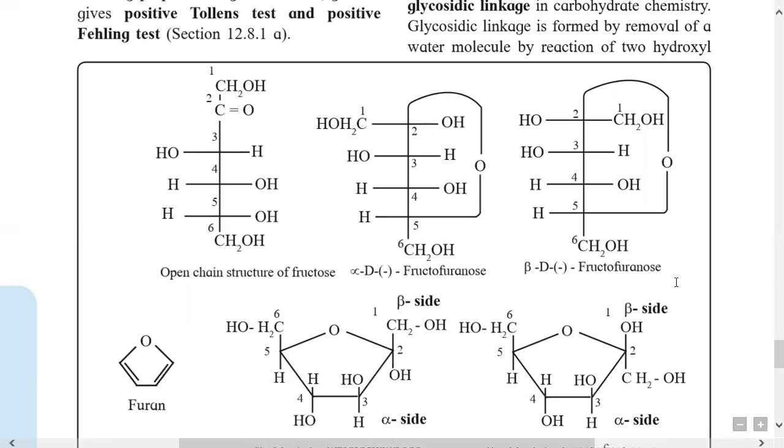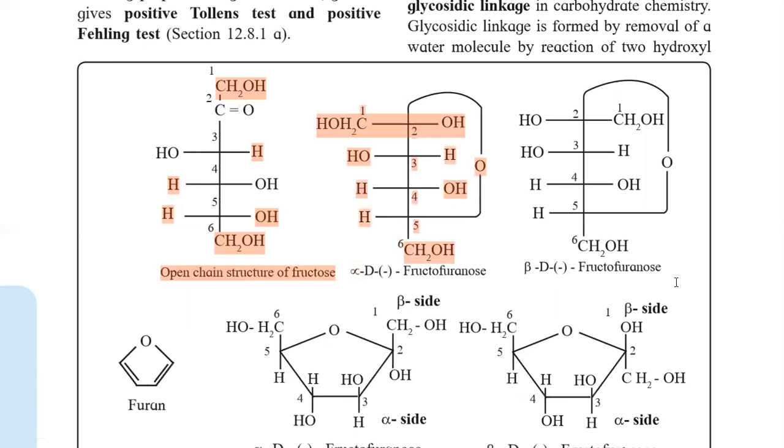Here the fifth carbon OH, similar to glucose, forms the bond with the second carbon ketonic group. This fifth carbon hydroxy group, the alcoholic group, forms the bond with the carbonyl carbon of the second carbon, so that the carbon number 1 containing the CH2OH group may be towards the left side or towards the right side.